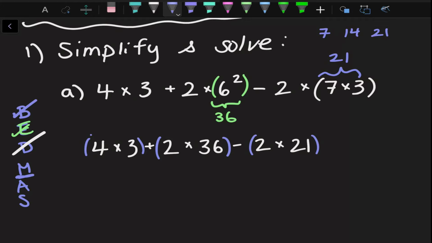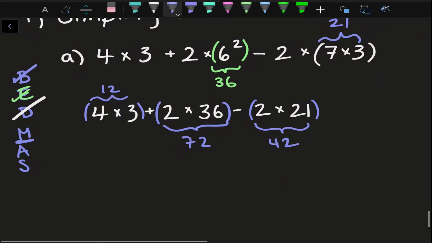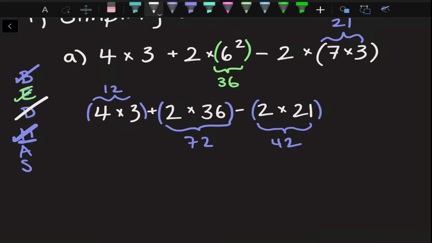So 4 times 3, 12, 2 times 36, 72, 2 times 21, 42. Awesome. Now that that's done, now I have addition, and I can see that here, but it's hard to see because of all the writing, so I'll rewrite again.